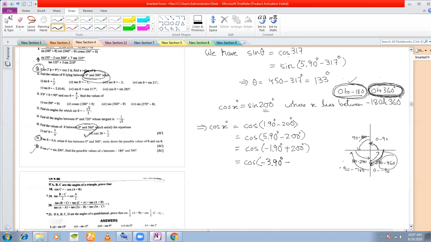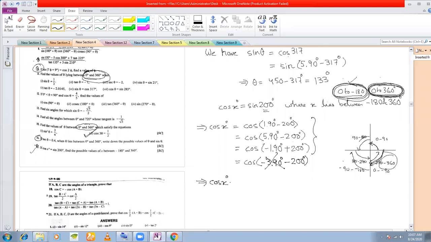I've taken this in the second quadrant, minus 3 into 90 degree, and then I will have to subtract 200 to make it in the fourth quadrant. So minus 470 is again out of range, isn't it? Therefore this solution is also not acceptable. So I have only three acceptable solutions.